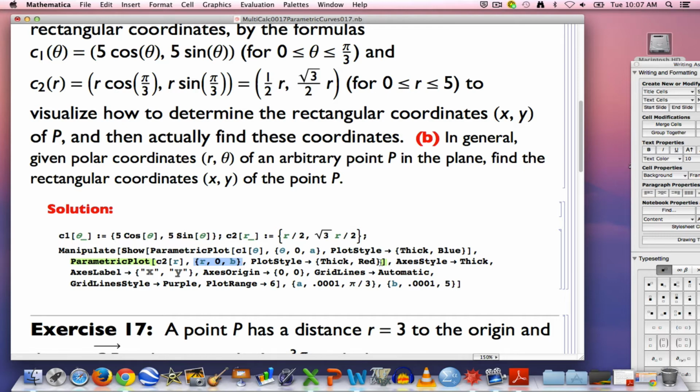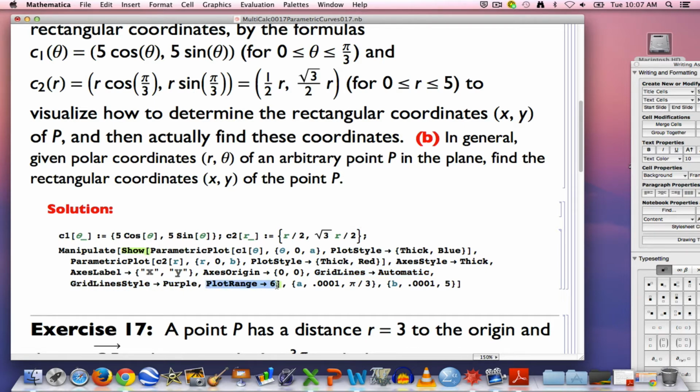I've added some other options. I made the axes thick with AxesStyle Thick. I've labeled the axes with AxesLabel. I put the origin at 0, 0 because it's sometimes goofy and doesn't do that. I've added in some grid lines. This is something new I don't think I've shown you before. You'll see what the grid lines look like in a minute. They will be purple with GridLinesStyle.